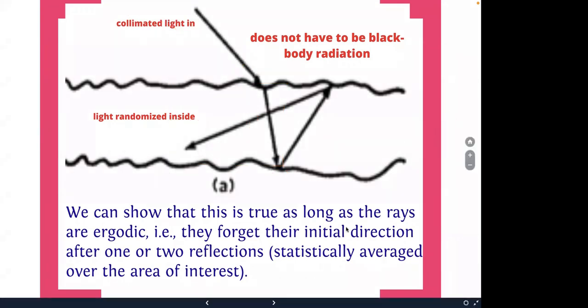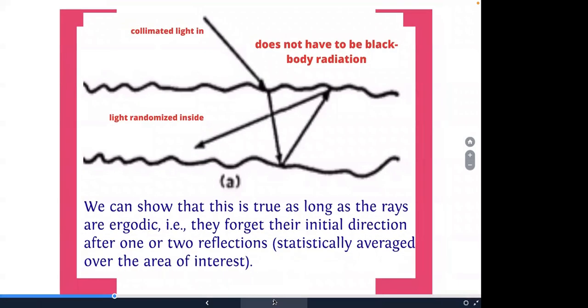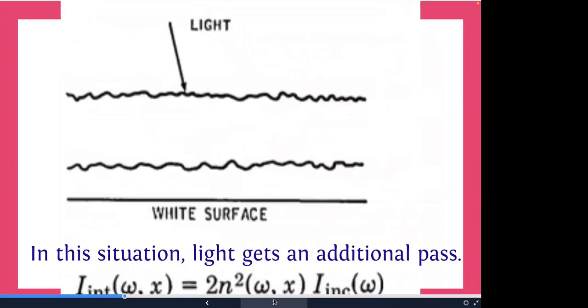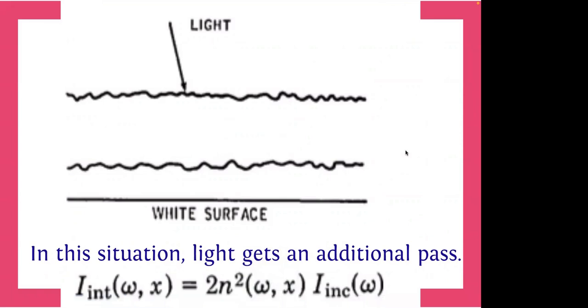Okay, so now let's look at a few examples of what that actually refers to. Again, light's coming in from the top. We have a textured surface here, so light will undergo reflection and refraction.